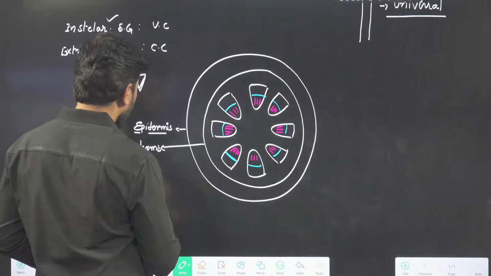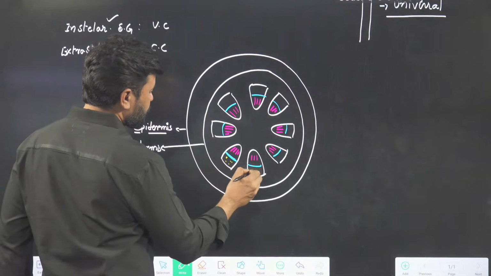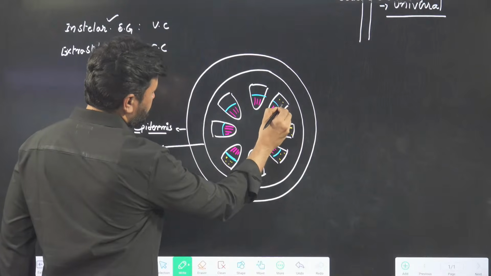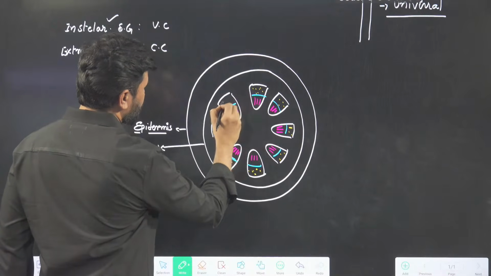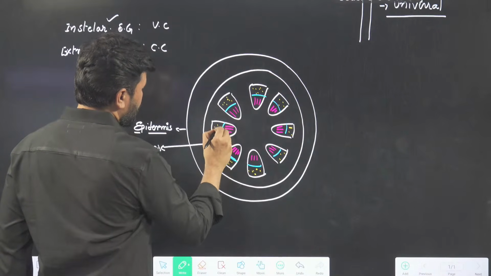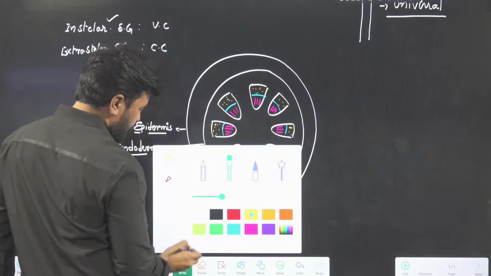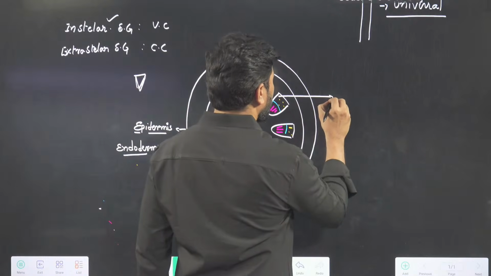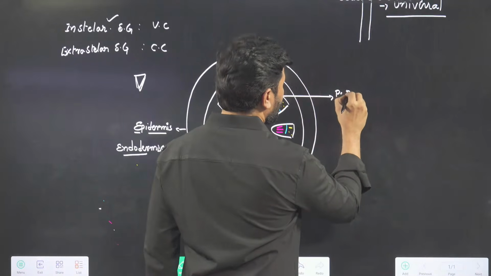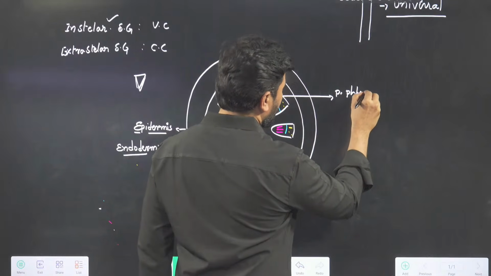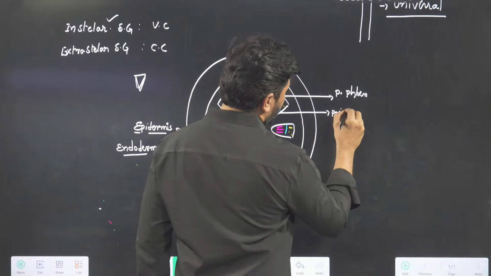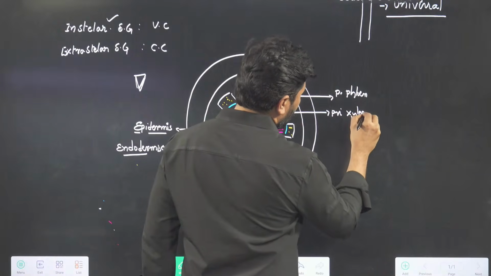Peripherally, there should be the presence of primary phloem. These yellow dots, I am choosing them as primary phloem. This one, primary xylem. Okay.